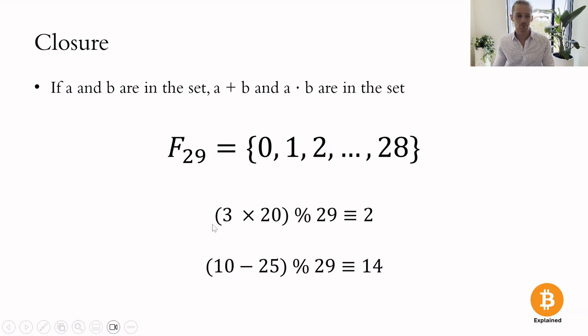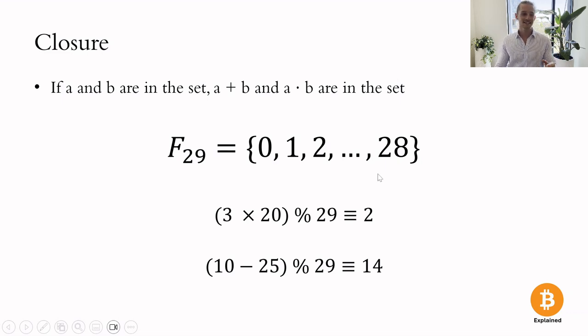Well, we just compute the result of that operation the way we do in normal math. So 3 times 20 is equal to 60, and then compute modulo 29. Again, just divide by 29 and get the remainder. Now 60 divided by 29 is equal to 2, because 2 times 29 is 58, with the remainder of 2, because it takes 2 more to get from 58 to 60.